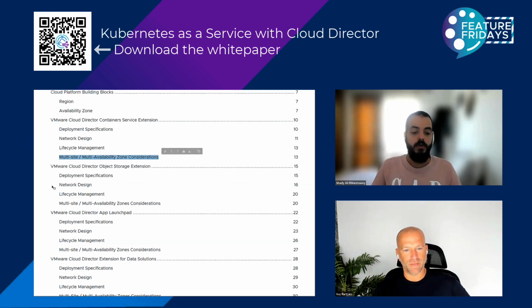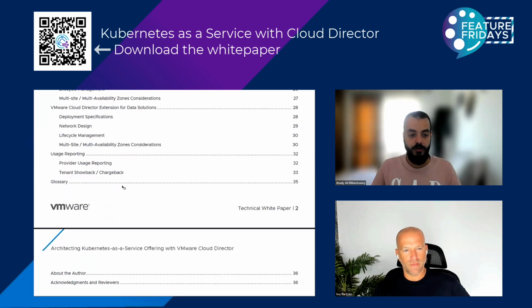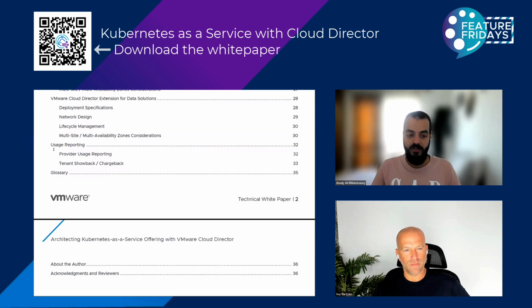Yeah. Right. And the final section that I'm focusing on is usage reporting. How the provider can do the usage reporting to VMware, and how the provider can utilize the components, APIs, and inbuilt monitoring capabilities to provide showback and chargeback to their tenants.